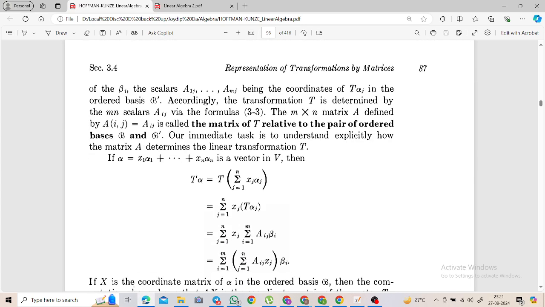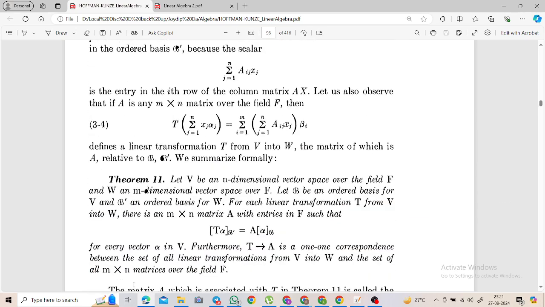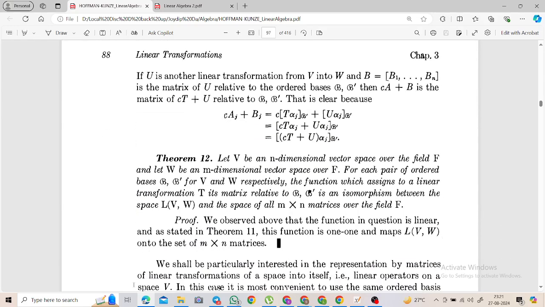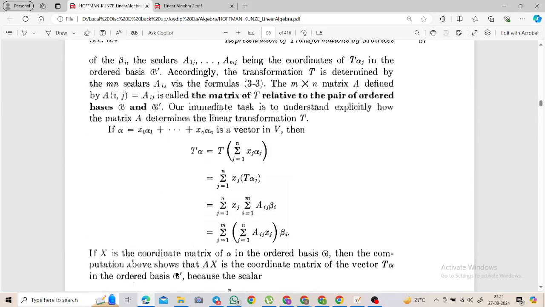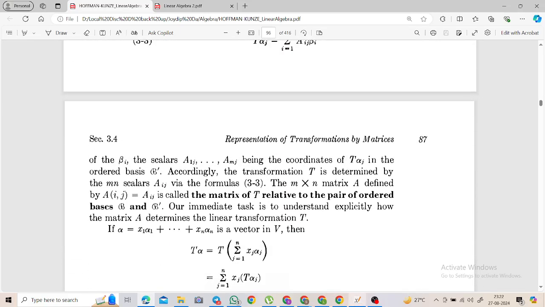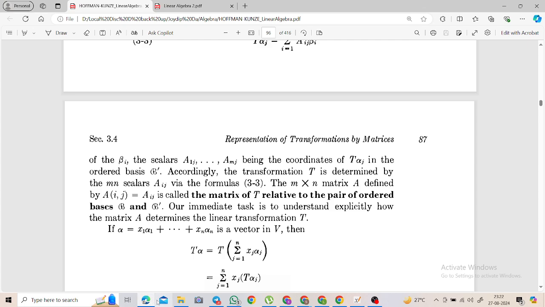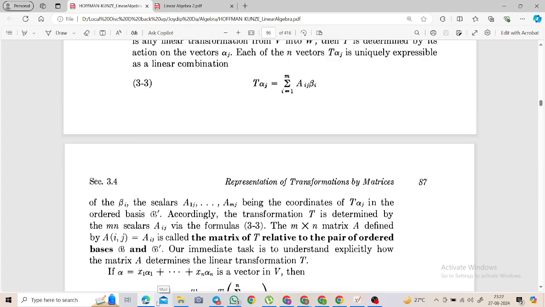Is the domain written first? I mean, A is the matrix of T with respect to beta and beta prime. That's what I am trying to say. Sometimes they write it like this. This is something they have just formalized. I'd like you to go through it.